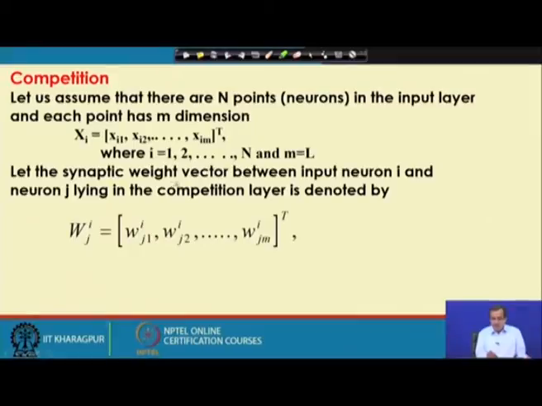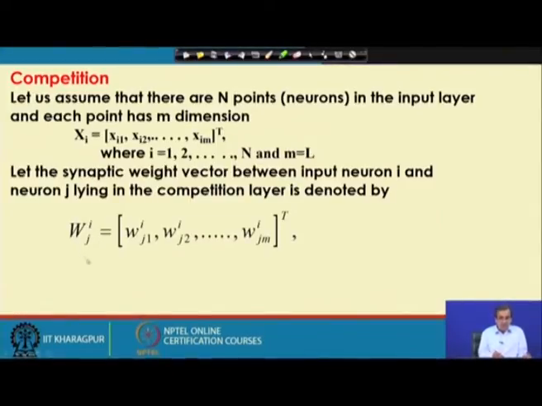Now, Wji is nothing but the synaptic weight or the connecting weight between the input i and the neuron lying on the competition layer, and that particular neuron or the data point is j.